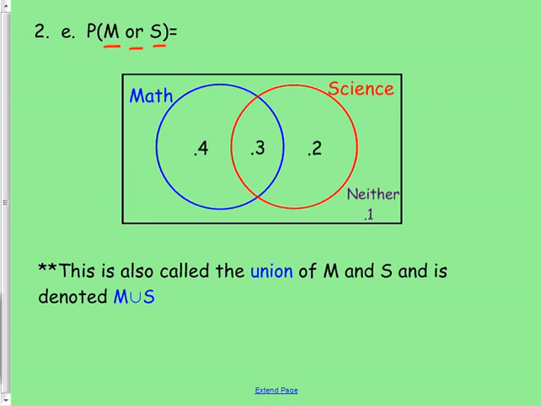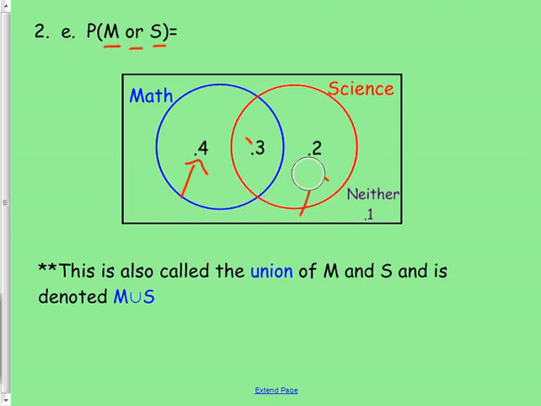I agree. Or means these all together. Another way to think of it is asking these people, do you have math or science? And they'd say, yeah. Do you have math or science? And they'd say, yes. I know technically they could say, no, I have math and science, but they have math or they have science. If I ask them, do you have a dog or a cat? And they'd just say, yeah, I have a dog and a cat, actually. So anyway, all of these work. I can see how a person might think you throw this out, but you don't.